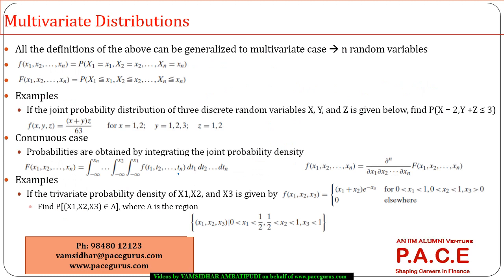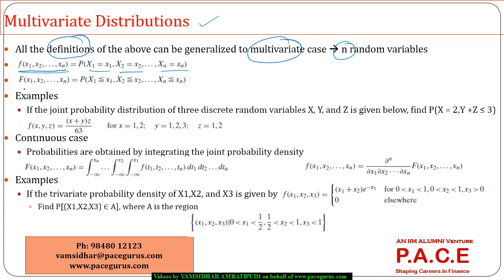Now that we are comfortable regarding the bivariate distribution, the same concept, the same definitions which we have used in case of bivariate, I can very well generalize to the multivariate case, wherein instead of 2 random variables, I am talking of n random variables. You could see here the probability distribution function P of X1 equal to x1, X2 equal to x2, so on, Xn equal to xn.